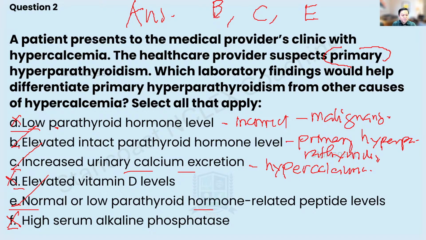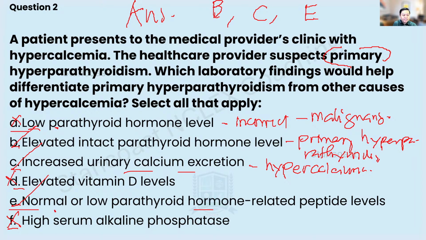So this will really help in differentiating the primary type of hyperparathyroidism from the other type caused by cancer. It could be caused by breast cancer, lung cancer, or multiple myeloma. So letter E would be helpful in differentiating that one.